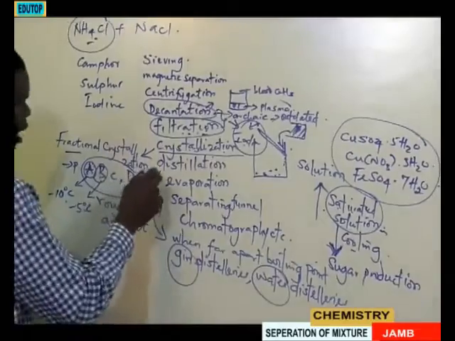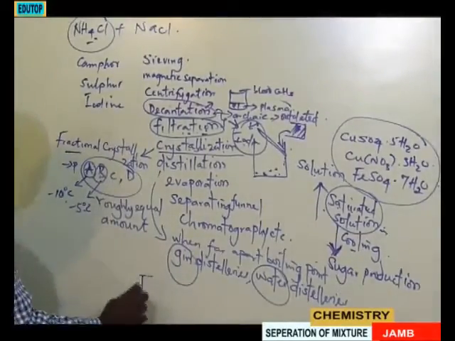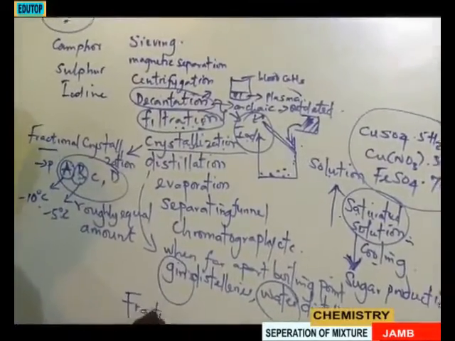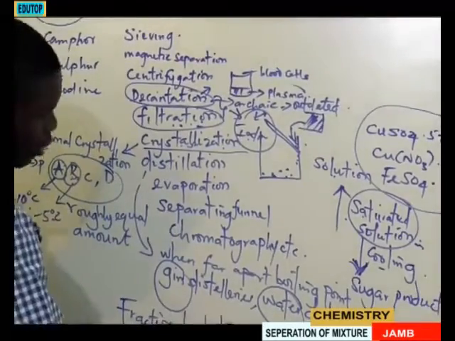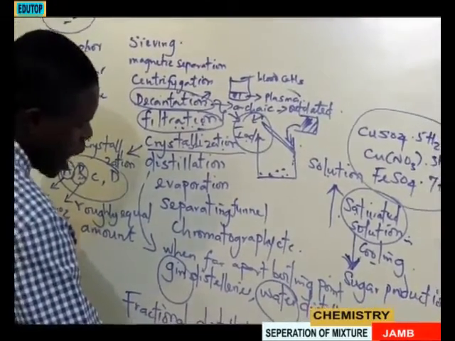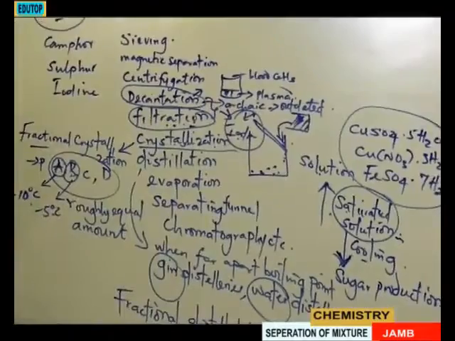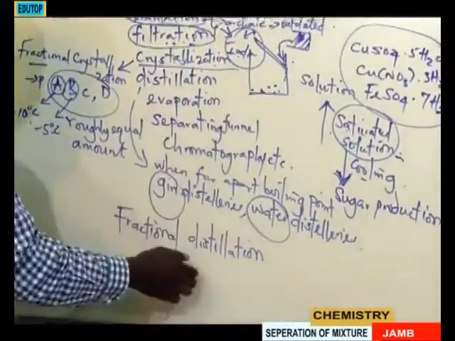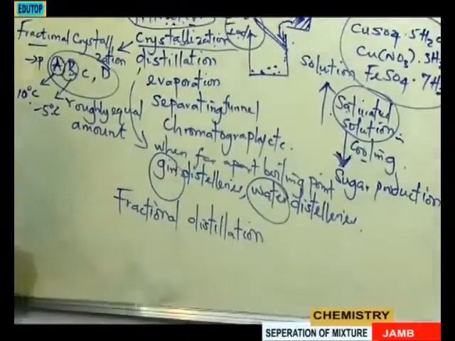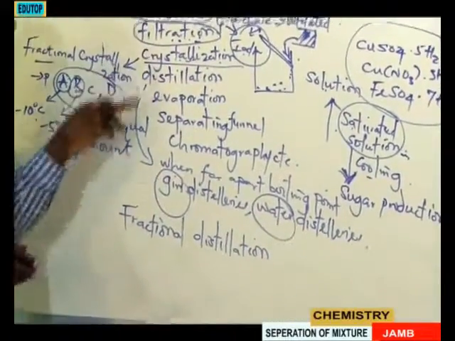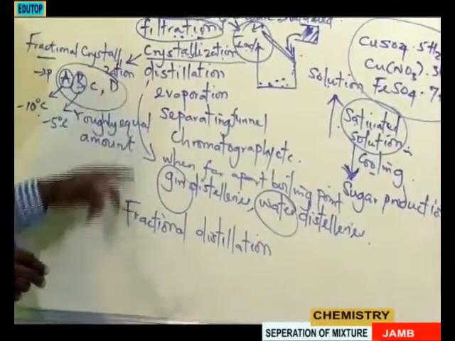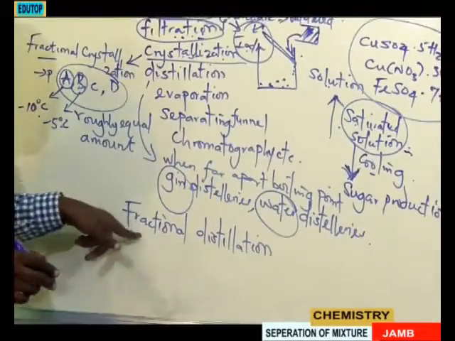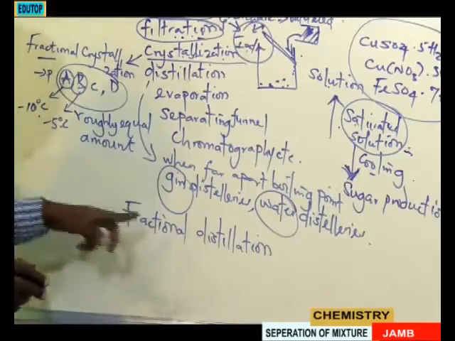Then the more accurate one is known as fractional distillation. In the case of fractional distillation and distillation, the setup for both, which you have been taught in your previous lesson, is the same, but the major difference is that this one has a fractionating column.